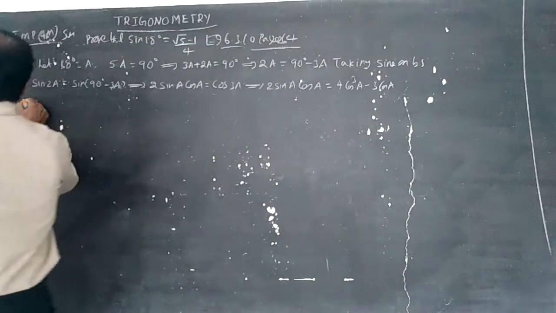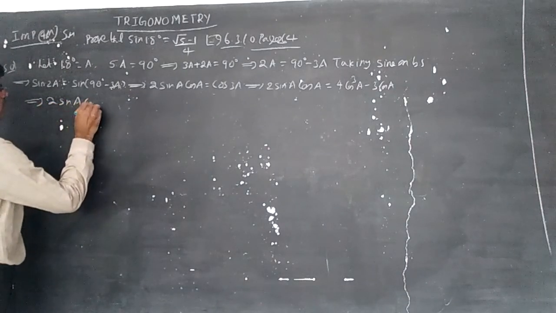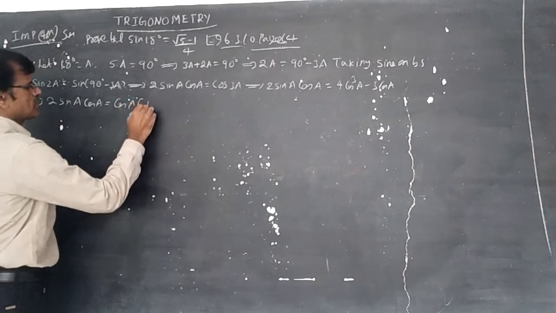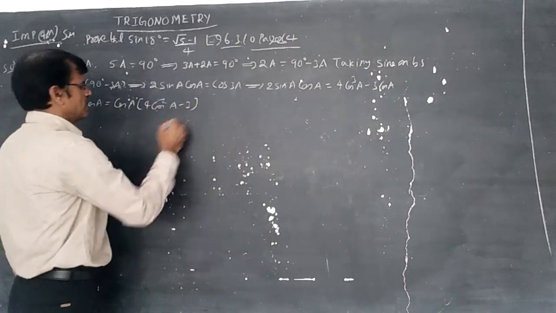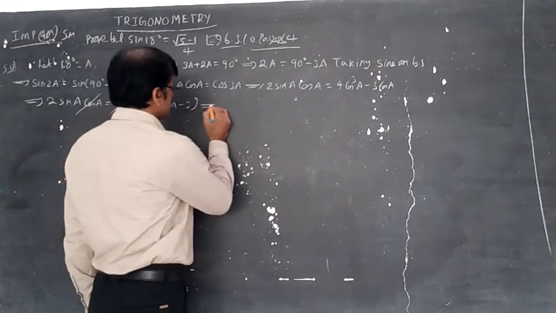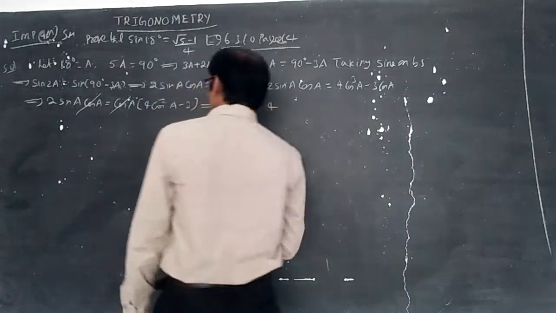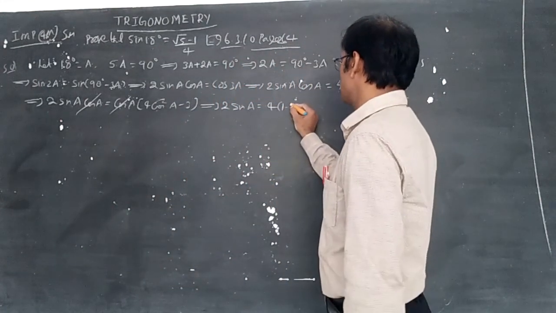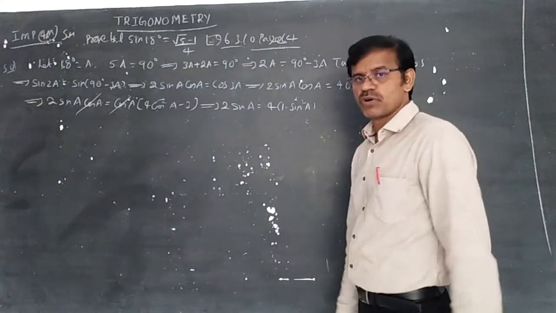That implies 2 sin A cos A is equal to cos A taken common. Within the bracket, this is 4 cos square A minus 3. Cos A gets cancelled. That implies 2 sin A is equal to 4 into, the cos term should be converted in terms of sin, because we need to calculate the proof of sin 18.